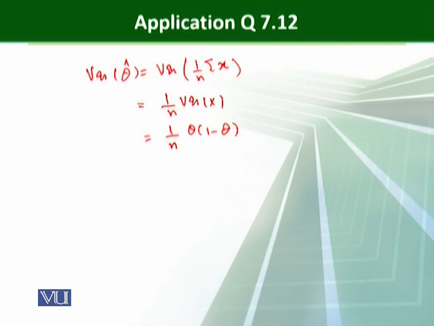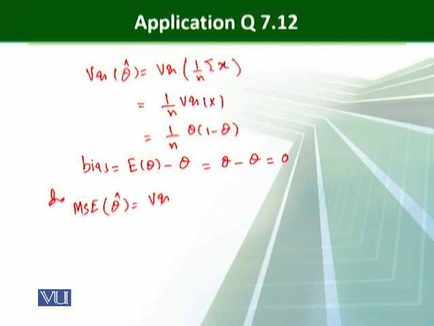Now the bias. First of all we need the bias, which is equal to the expected value of theta hat minus theta. In this case we have already seen that the expected value of theta hat is theta. So theta minus theta is equal to 0. So the MSE of theta hat is equal to the variance of theta hat plus the bias squared.